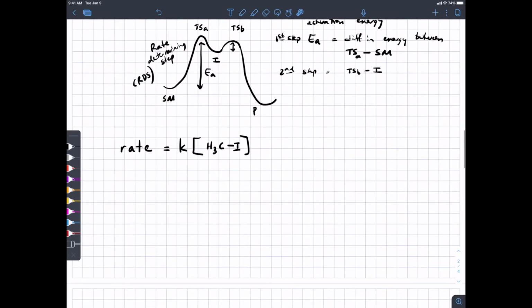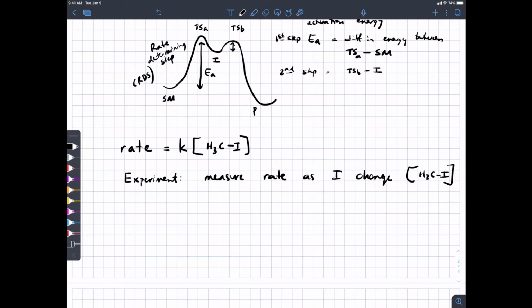Okay, so now we could do an experiment, right? We would need to be able to measure the rate. Our experiment would be to measure the rate as I change the concentration of the methyl iodide.